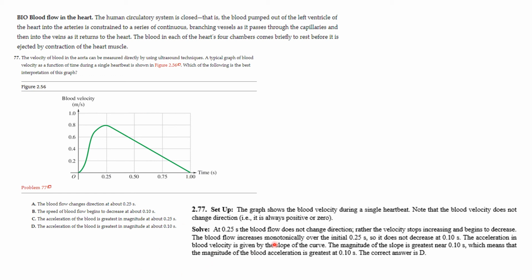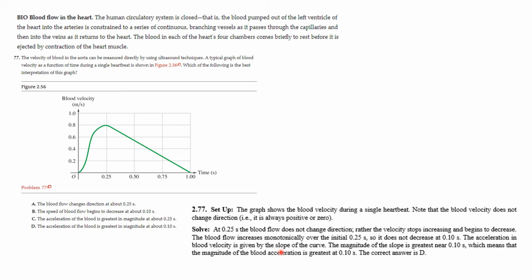So at 0.25 seconds, the blood flow does not change direction. The velocity is always positive, so it's always moving in the same direction. And in fact, it increases over the initial quarter second interval, so it does not decrease at 0.10 seconds.